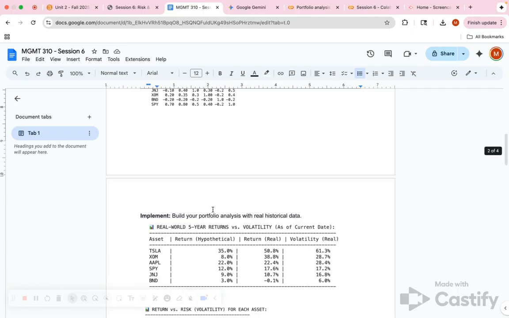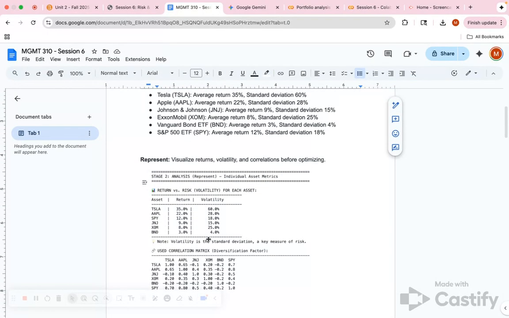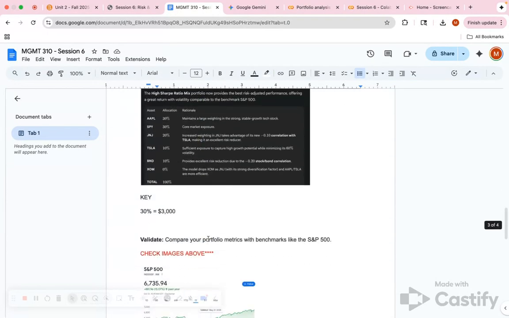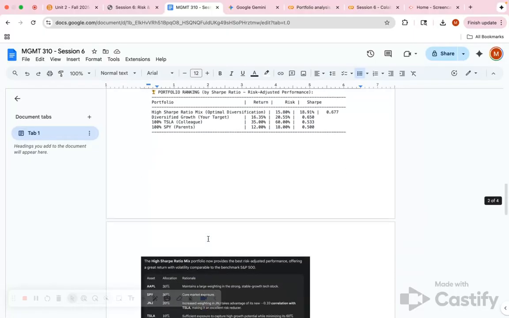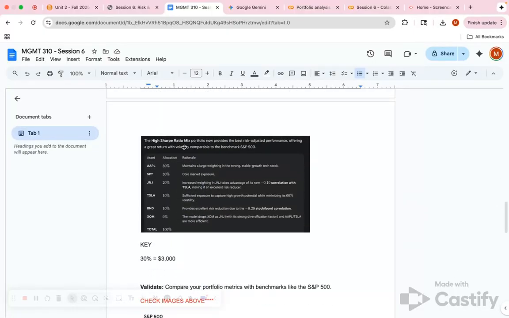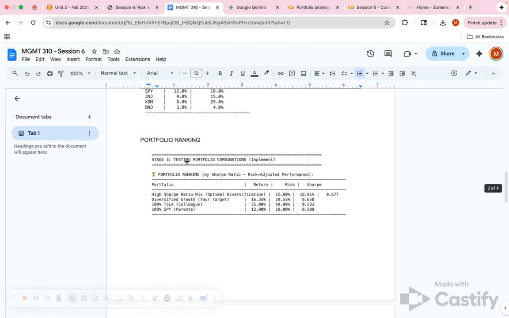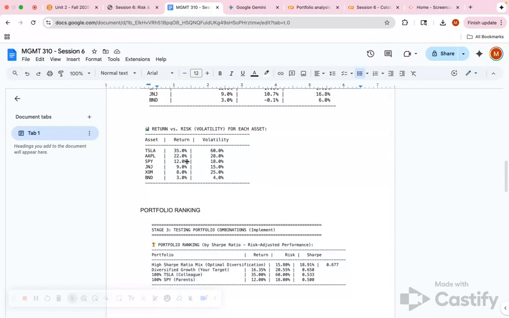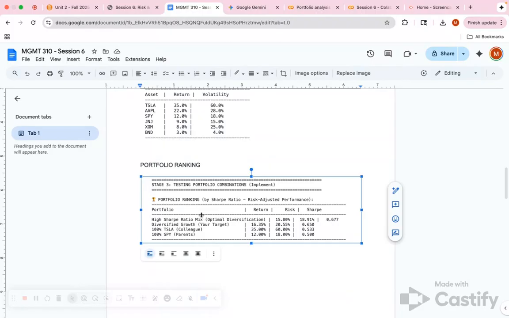Now we want to look at what would be the best portfolio for us using that information. So we look for the best Sharpe ratio. In this case, the top ranking is the high Sharpe ratio mix, which is just diversification, and you'd be getting a 15.8% return on an 18.91% risk.